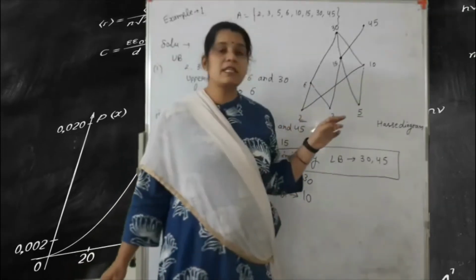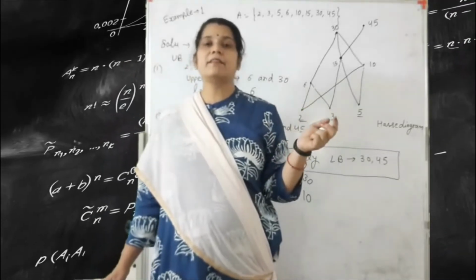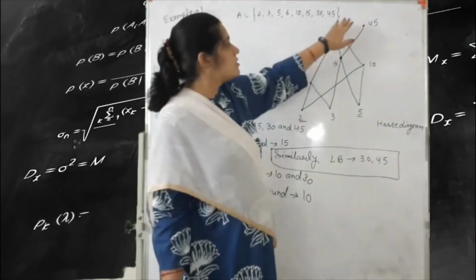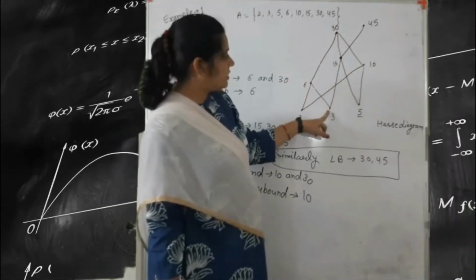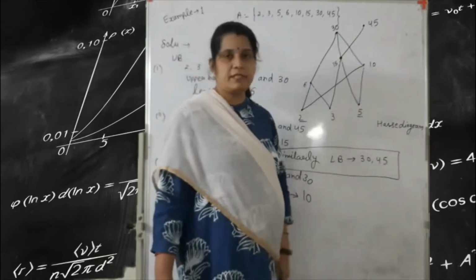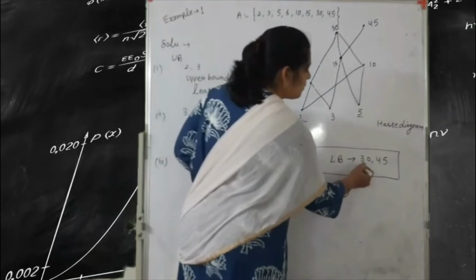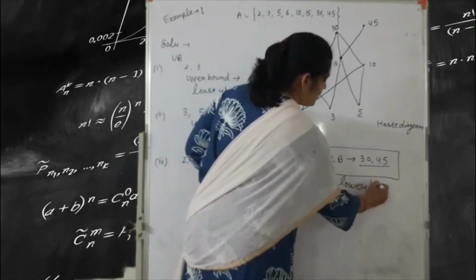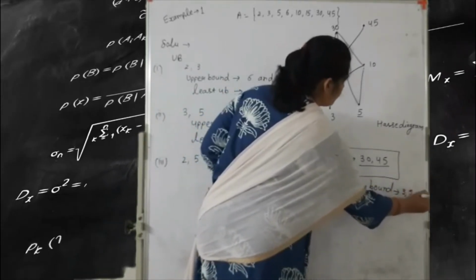So you choose the common number connected with the upper bound and the lower bound according to your question. So here 30 and 45. The lower bound of 30 and 45 is equal to what? For 30 we find here the base 15, 3, and for 45, 15, 5. That means the lower bound is 3, 5 and 15.